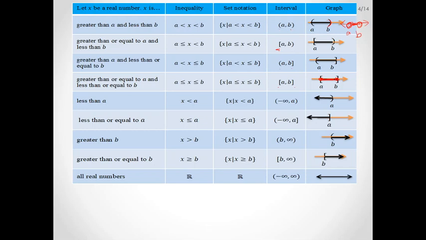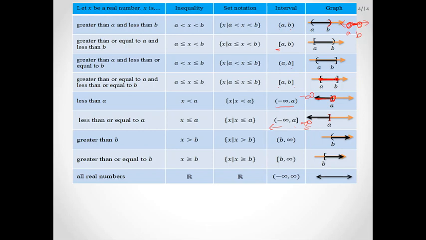If we are talking about this part and there is no end for it, we say negative infinity. So it starts from negative infinity, goes up to a, and a is not included. And if there is no limit on this side, it goes to negative infinity, and this one is closed, so we write a.